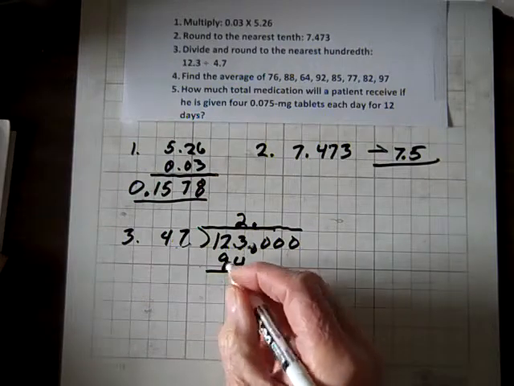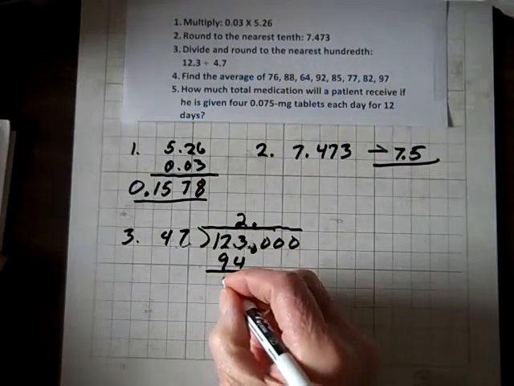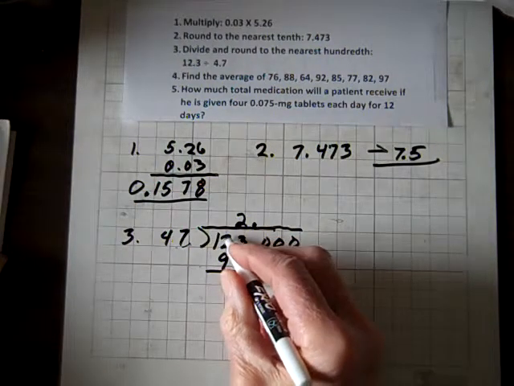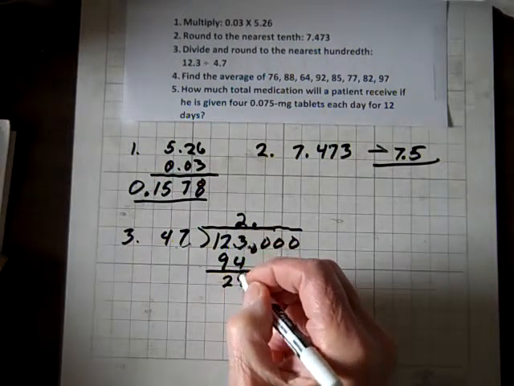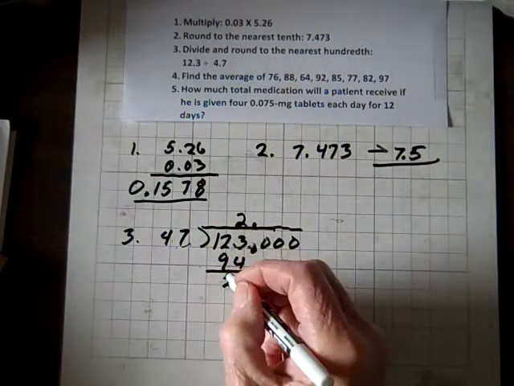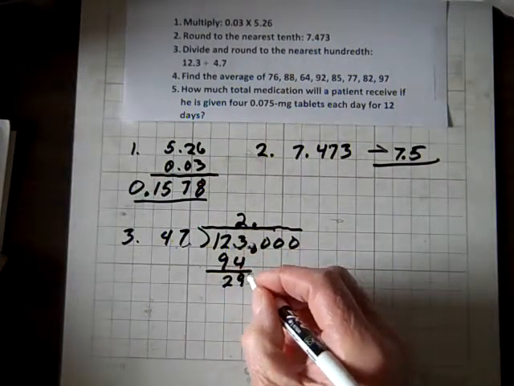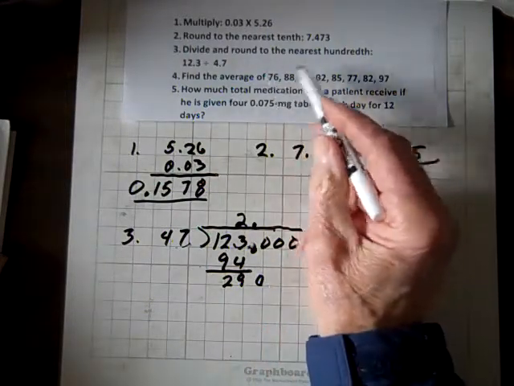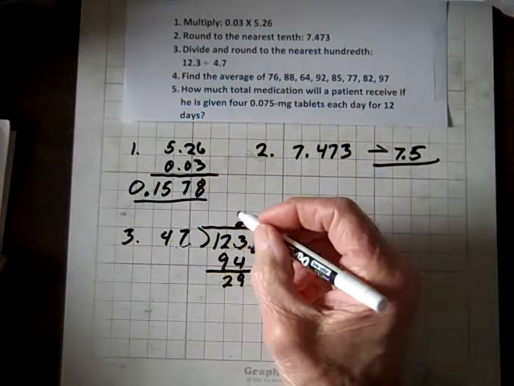And the difference is going to be 29. 4 from 13, because I'll borrow 1 from the 2, is 9. And 9, and what makes 11? And that's 2. And now we'll bring down the 0, because we have to round this to the nearest hundredth.